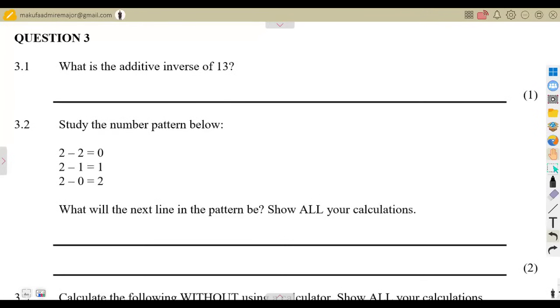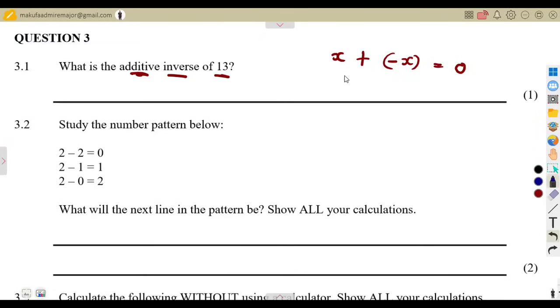Then question 3.1, they need us to determine what is the additive inverse of 13. Remember, we talked about the multiplicative inverse. This time the additive inverse is like this. A number, when added to its additive inverse, which is you multiply it by a negative if it is positive, gives us the additive identity, which is 0.